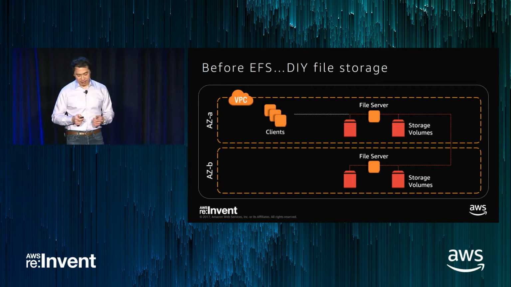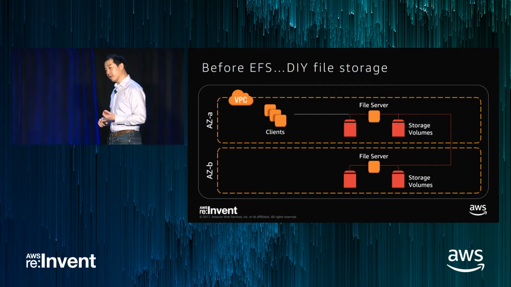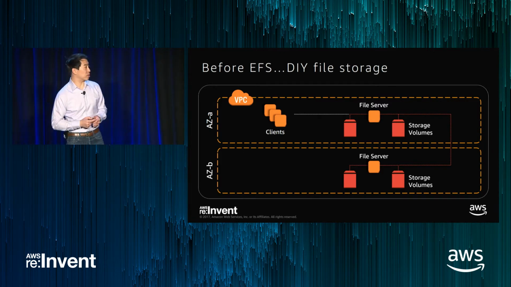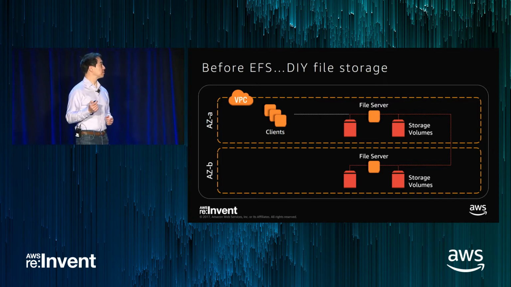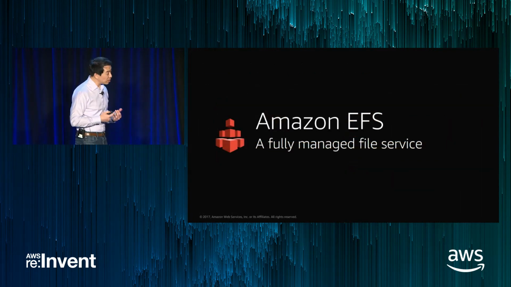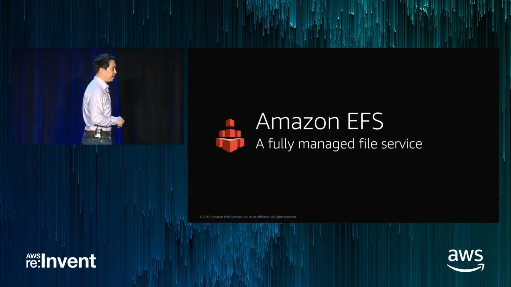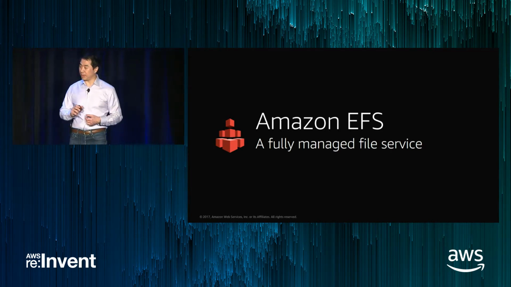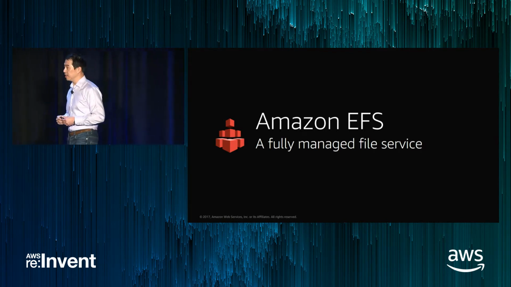So all of that needed to be configured, managed and administered by customers. Until we launched Amazon EFS, Elastic File System. And Amazon EFS is a fully managed file service in AWS.